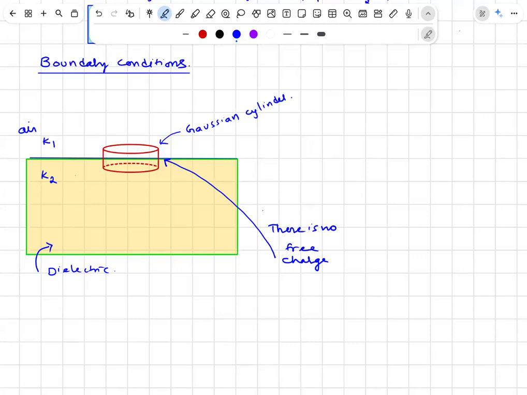Yes or no? Right. So when there is no free charge enclosed in the boundary, Gauss law in dielectric gives zero.